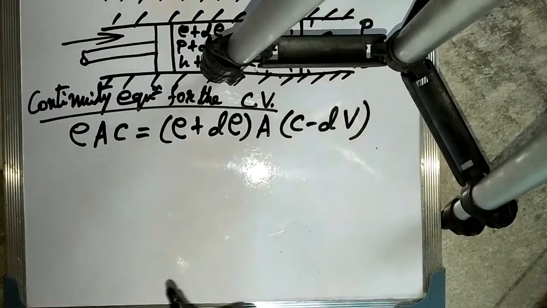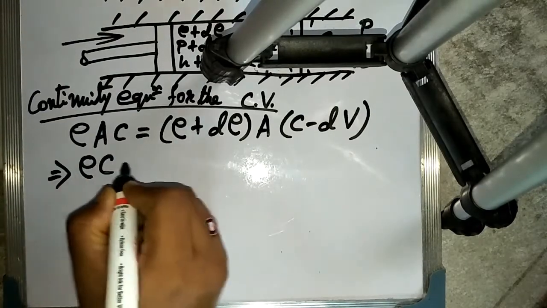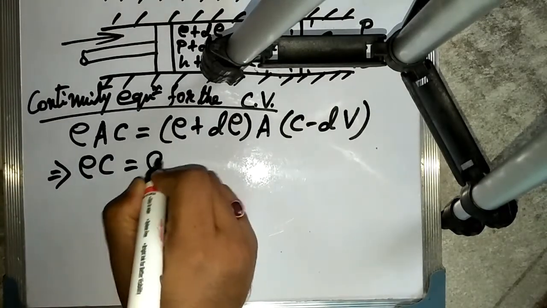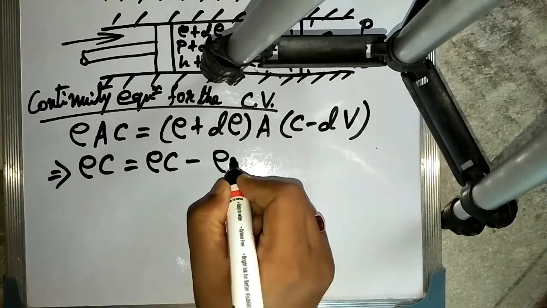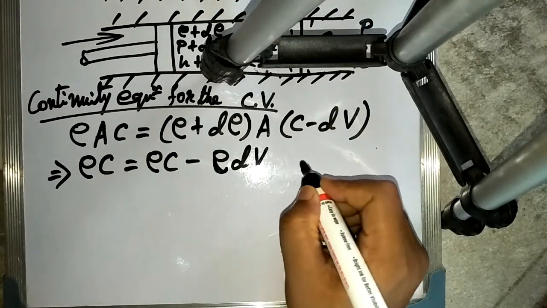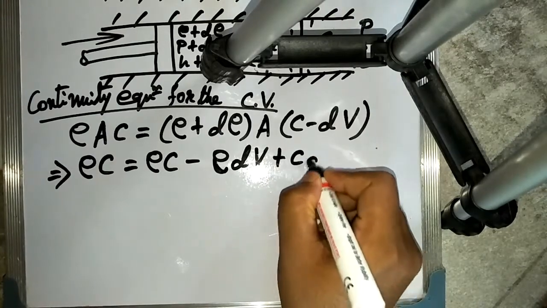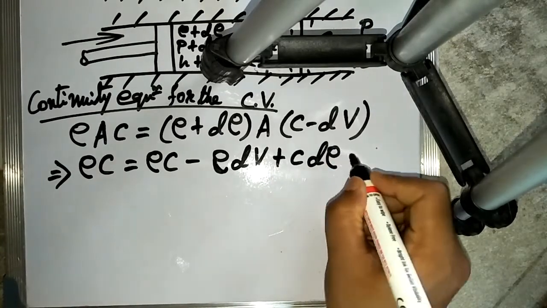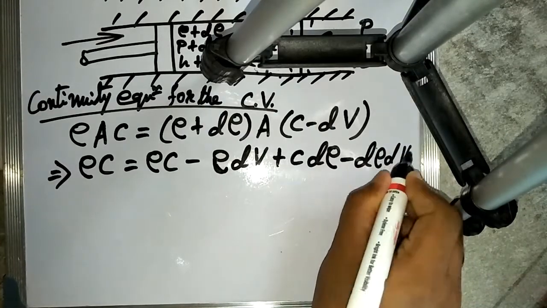By simplifying we can write rho c equals rho c minus rho dv plus c d rho minus d rho dv.